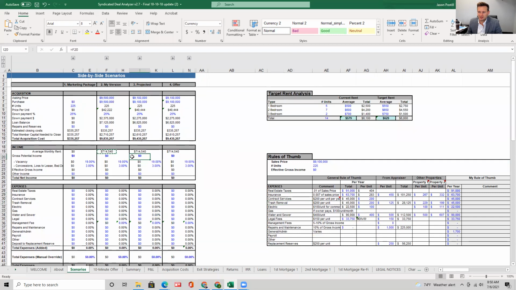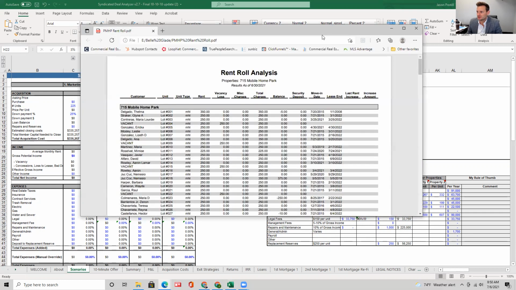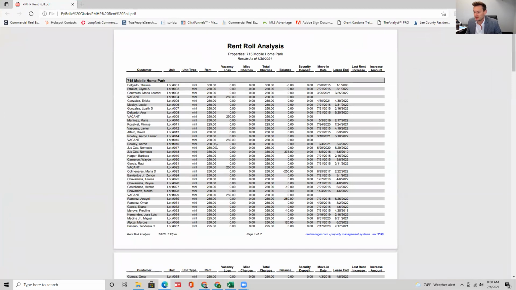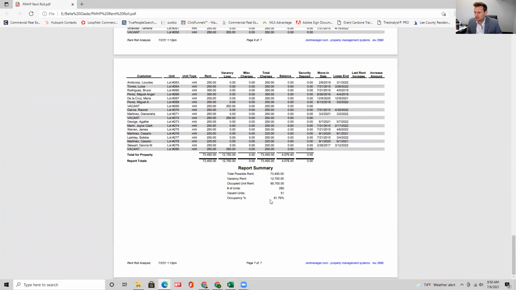So, okay, we got the gross rents. The vacancy, we know it's at 80% occupied. Where did that show? Rent roll. So if you can see the rent roll, I don't know if this is popping up on the screen or if you just see my underwriting calculator, but this is the rent roll, which shows 81%.